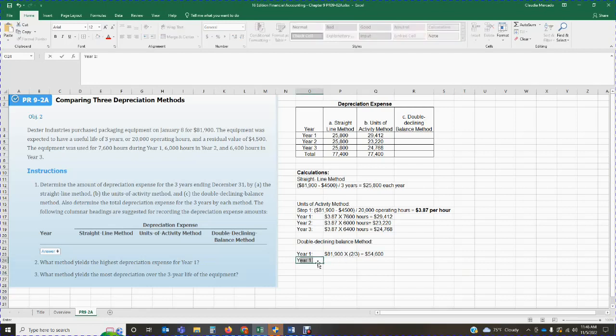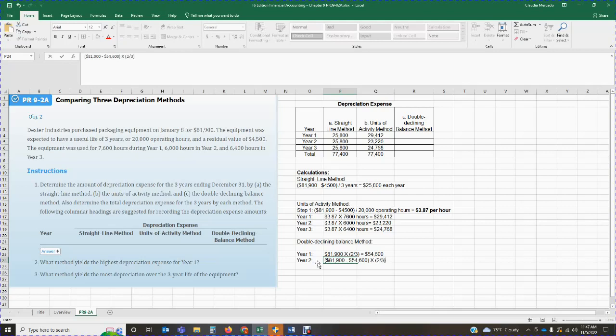Okay, now for year 2, this is where it becomes a little bit more complicated. We're going to get the cost of 81,900, and subtract the depreciation for year number 1 that you calculated, which is 54,600. Then once again, you multiply by 2 over 3.